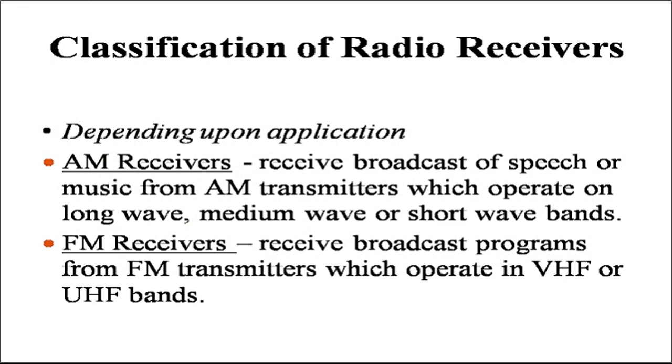An AM receiver receives broadcast speech or music from an AM transmitter which operates on long wave, medium wave, or short wave bands, whereas an FM receiver receives broadcast programs from an FM transmitter which operates in the VHF, that is very high frequency, or UHF, that is ultra high frequency, bands. So depending on the application, you can classify the different types of receivers: AM receivers and FM receivers.